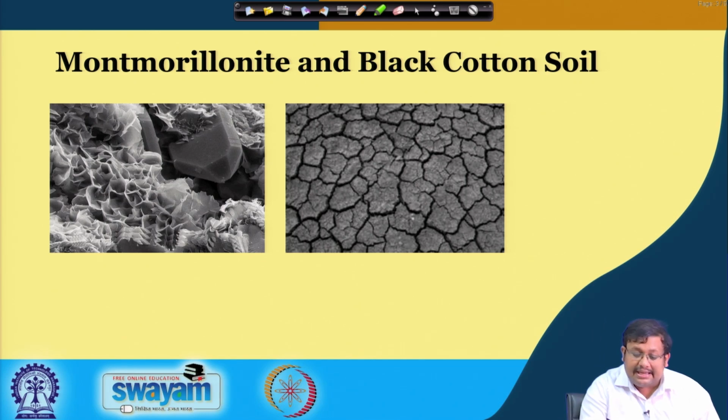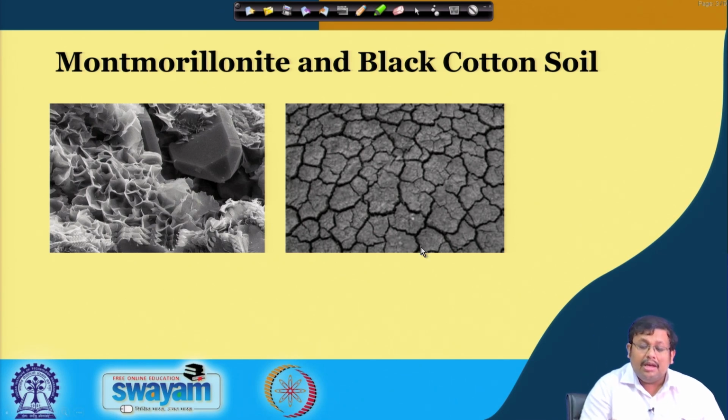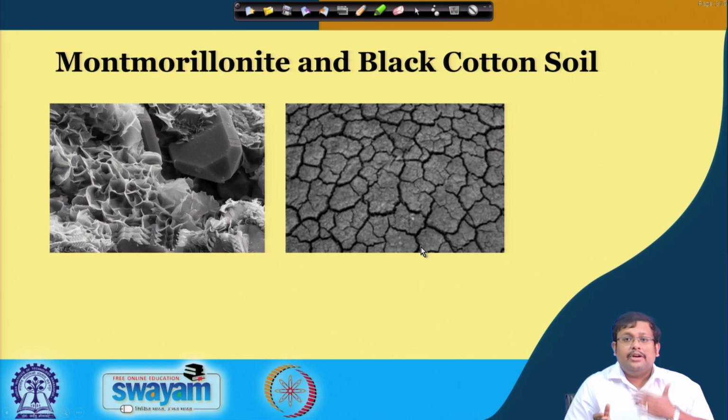As a result of swelling and shrinkage, this soil looks like this. They develop large cracks during the summer season, where there is no water, and water is dehydrated from the soil. As a result, there are large cracks, as you can see. And during the monsoon season, when there is further water movement, these cracks will be closed. So, this is called the periodic swelling and shrinkage property of montmorillonite.